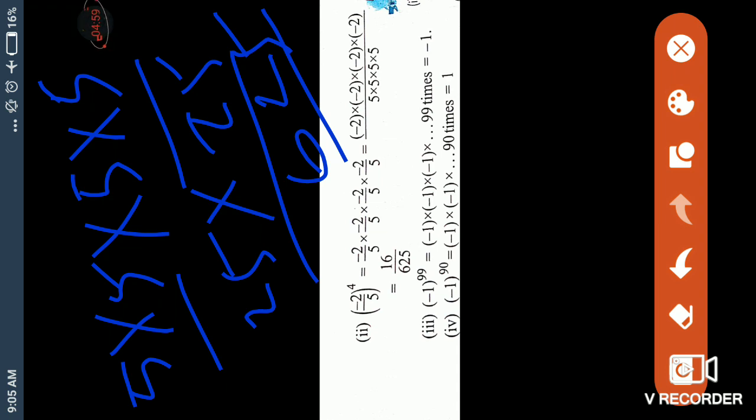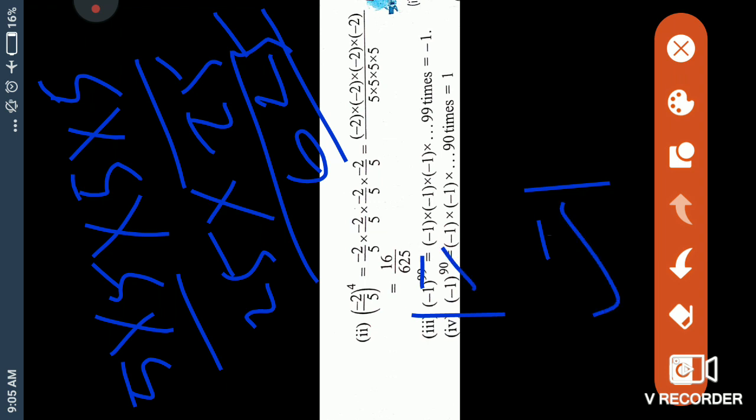And look here, these two are important. Minus 1 to the power 99. You know 99 is an odd number, so the answer would be minus 1, because we multiply minus 1 by itself 99 times. If the power is odd, the answer is negative.